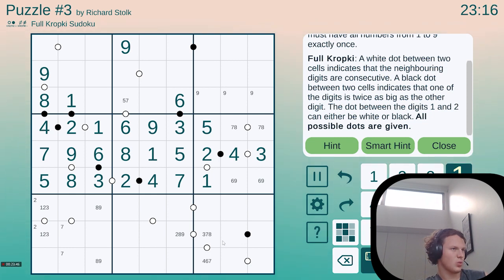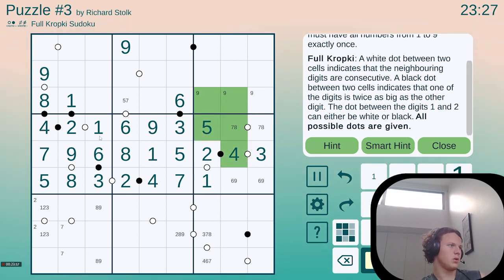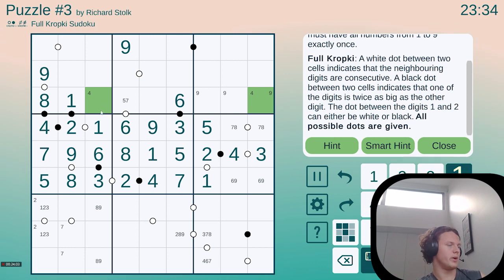Next thing we can do. Okay, I've just looked at the 4 here. 4 has to go in one of these two in this row.